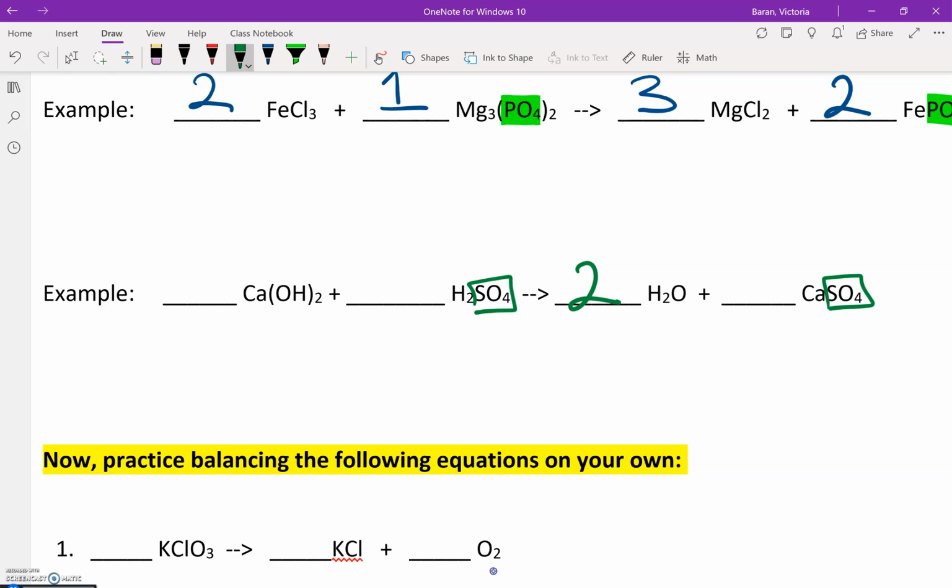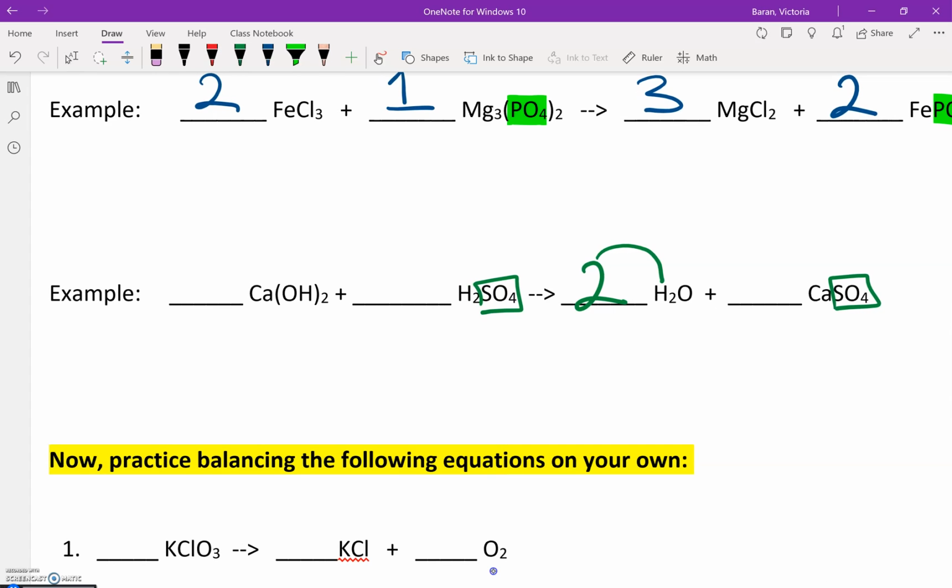Now when I did that, now I have 4 hydrogens. Again, that 2 gets distributed to everything. So for this hydrogen, 2 times 2 is 4. So I have 4 hydrogens on this side, which actually works out, because if you look on this side over here, there's 2 hydrogens there, and there's 2 hydrogens there.